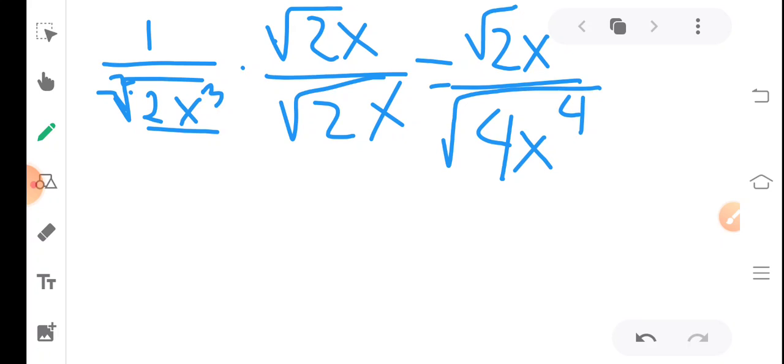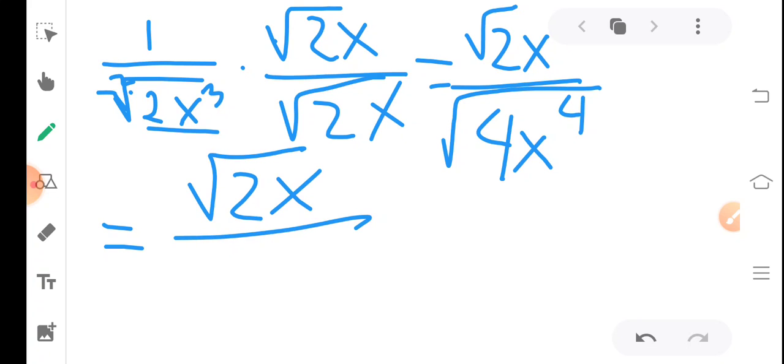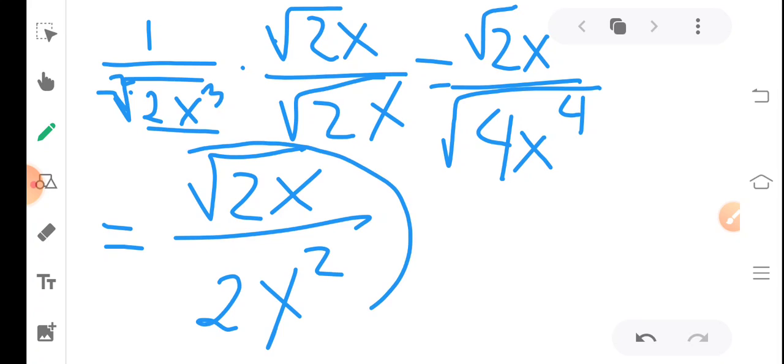So let's continue further. The result, if we simplify, is the square root of 2x over 2x squared. So the final answer is the square root of 2x over 2x squared.